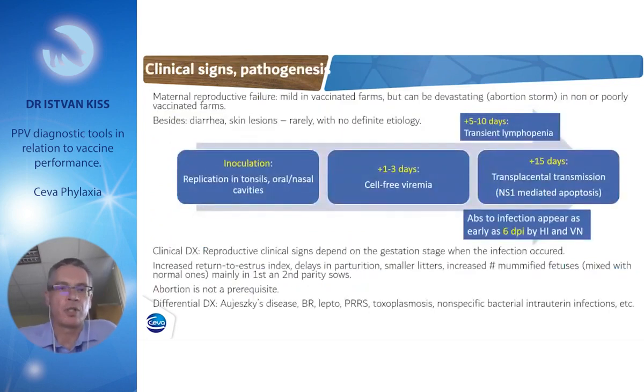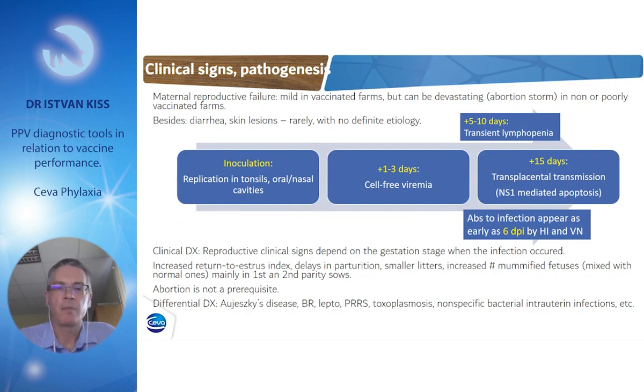This graph shows very briefly some pathogenic aspects. What I would like to highlight here is that antibodies can be detected even as early as 6 days post-inoculation by HI and VN testing.